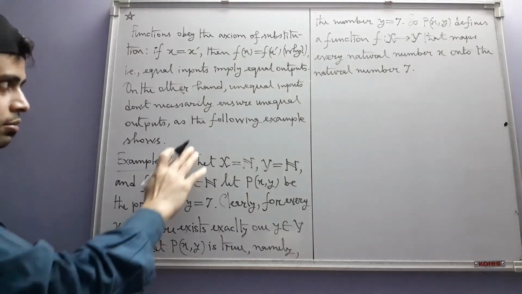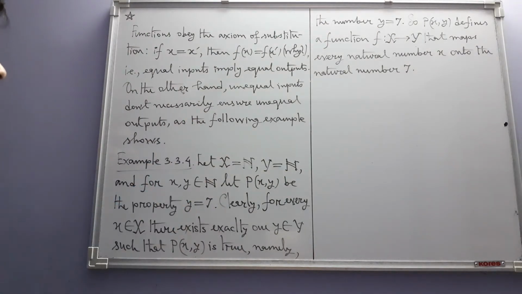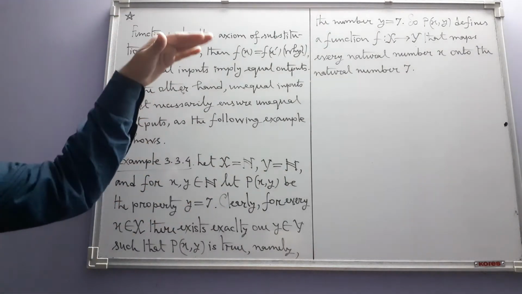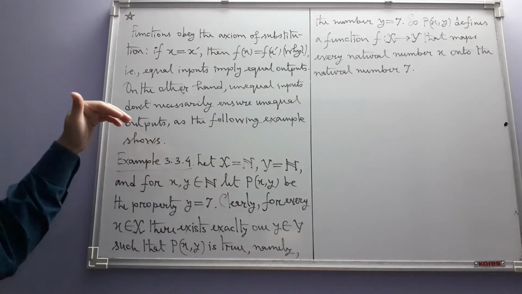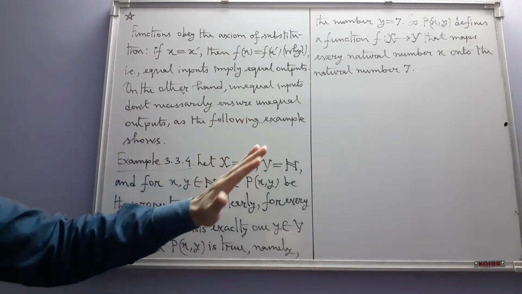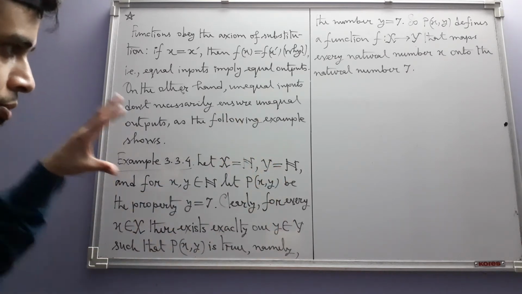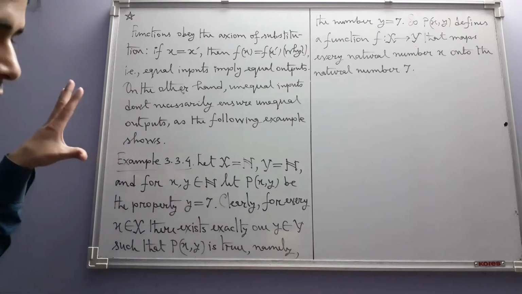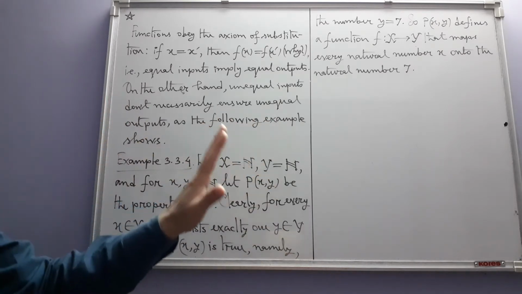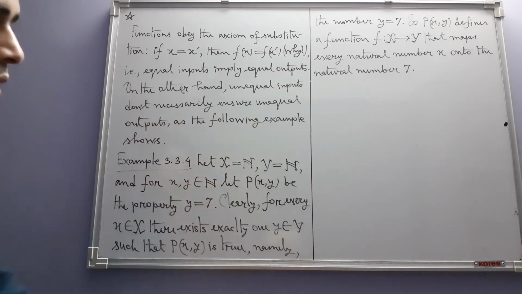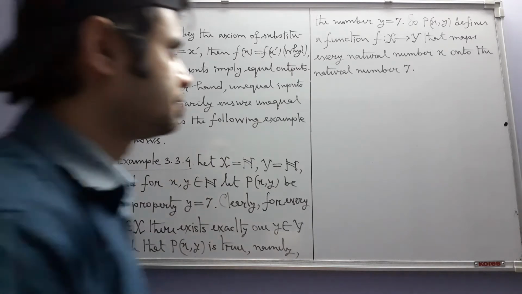So the remark that if we have unequal inputs, then the outputs are not necessarily unequal. This example shows the extreme case of that, where every input has the same output. All the inputs have the same output, 7, and the inputs are all the natural numbers.